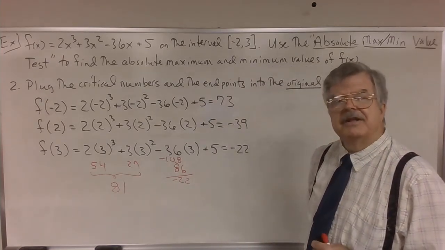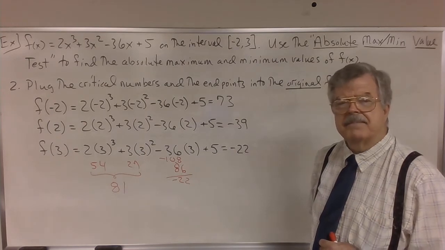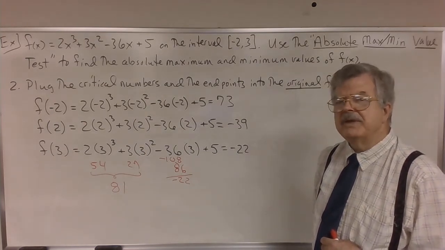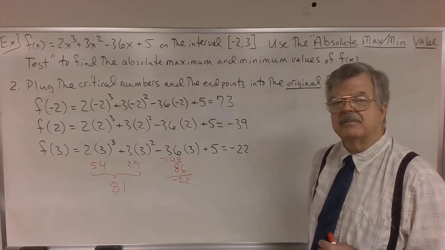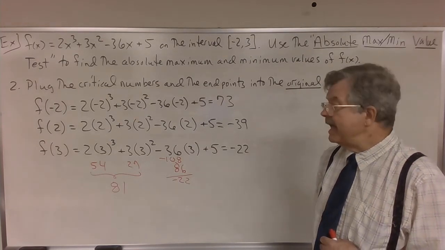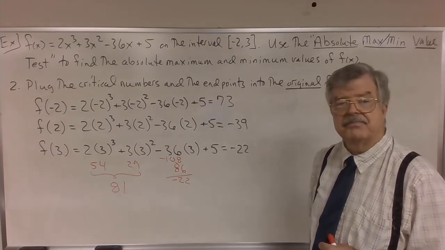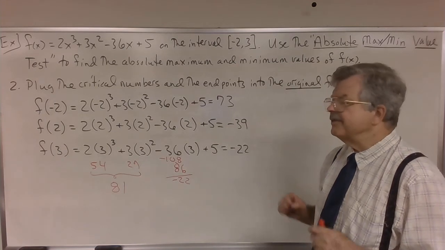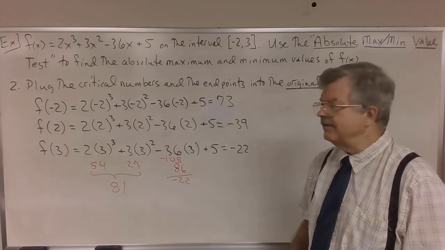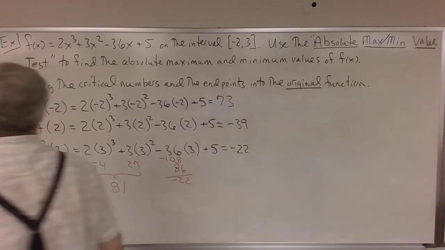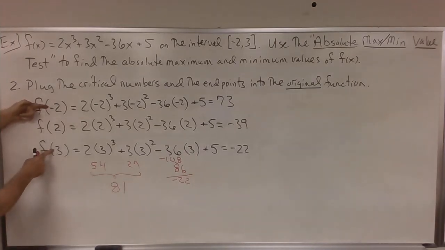Now, what's the significance of what we've done? We knew that we had to have an absolute maximum value and an absolute minimum value. And the only place where the function could attain these values was either at the two endpoints or at the critical number.